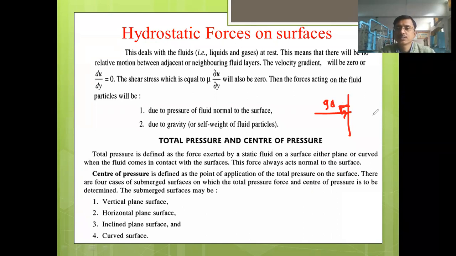If the surface is vertical, then the total pressure force will act in the horizontal direction. If the surface is horizontal, then the total pressure force will act in the vertical direction. If the surface is inclined, then the total pressure force will act like this, making an angle of 90 degrees. We should keep this in mind, because on this particular sentence there will be an MCQ question in the examination.